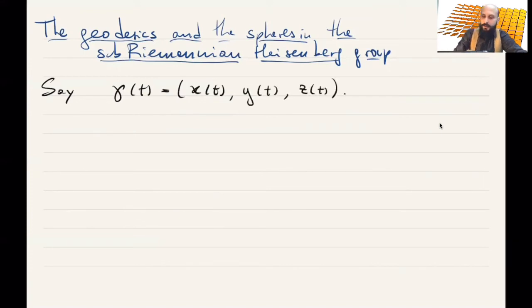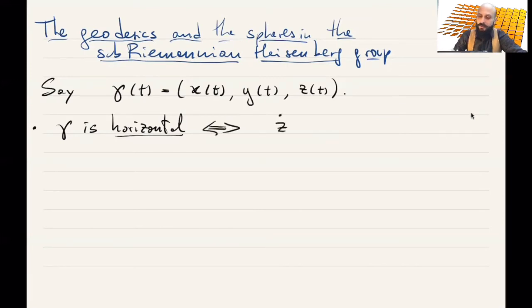Then the first thing is that gamma is a horizontal curve if and only if the curve satisfies the following differential equation: z dot is equal to 1/2 of (x y dot minus y x dot).